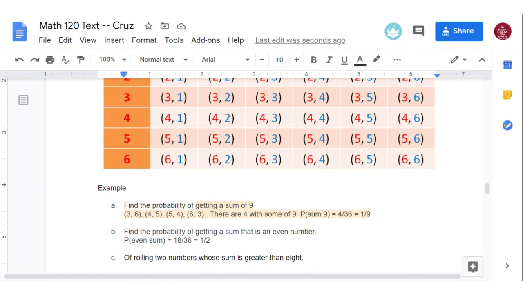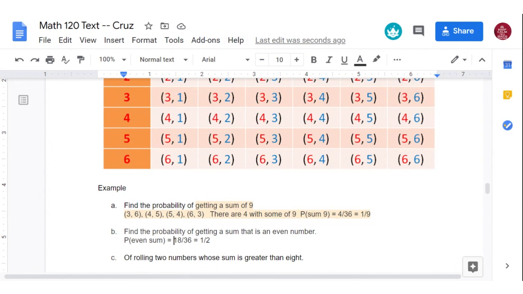I want to do some roll checking. All right, does that make sense? Half of them are going to be even. Half of them are going to be odd.